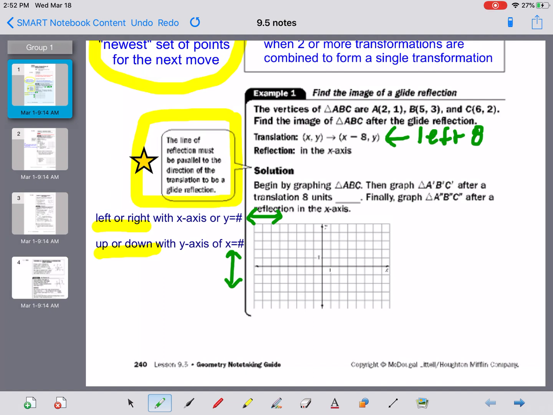So one thing I want to stress when you do these problems is make sure that you're writing down the ordered pairs and everything that's changing with those ordered pairs. So first thing I'm going to do is graph this triangle ABC with the points they give me. Always label because we're going to change these as we go along.